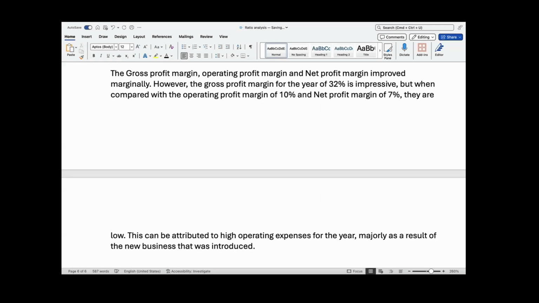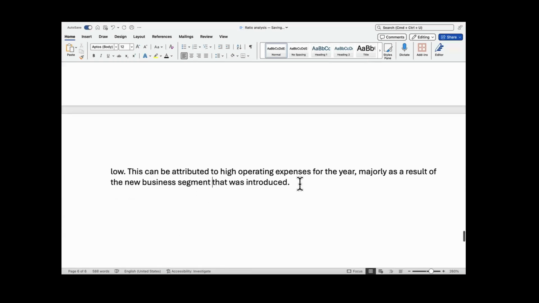So we believe that what will have caused the heavy difference between gross profit margin and operating profit margin and net profit margin is majorly because of the new business segment that was introduced. They will have to spend a lot of money to set it up, probably get staff, do PR, and all these overheads will have cost that.